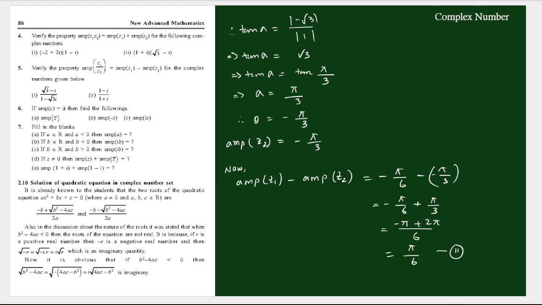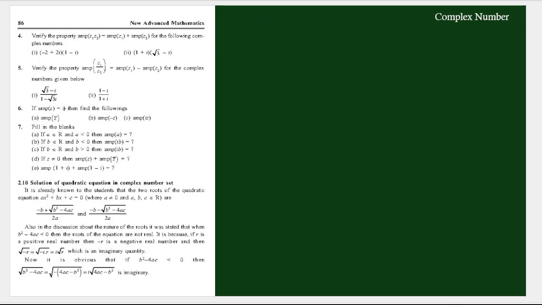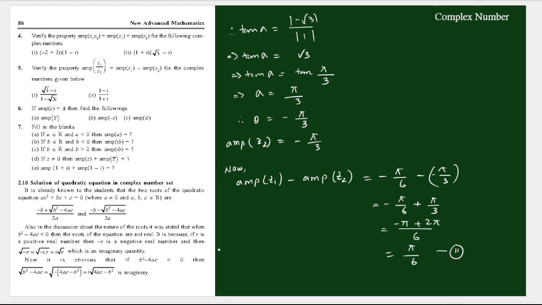So what is 1? We get pi by 6. And what is 2? We get pi by 6. So from 1 and 2, we can say that amplitude of z1 by z2 equals amplitude of z1 minus amplitude of z2. Hence verified.